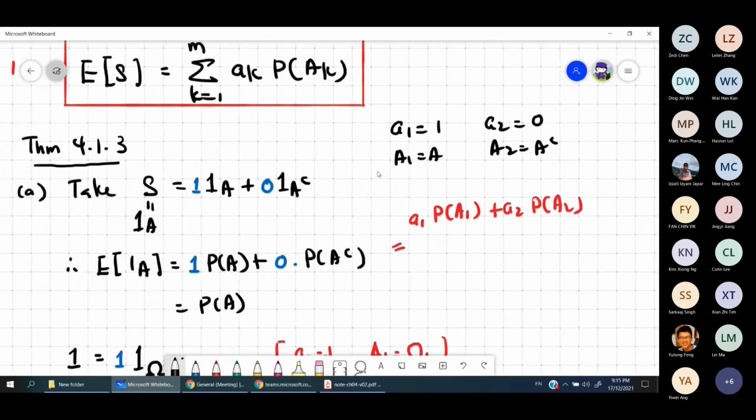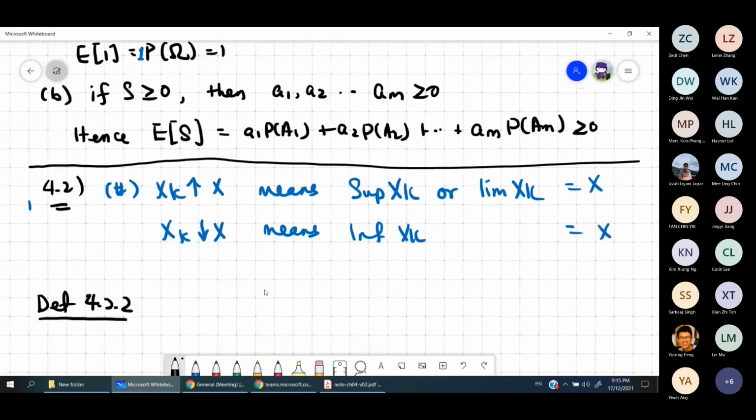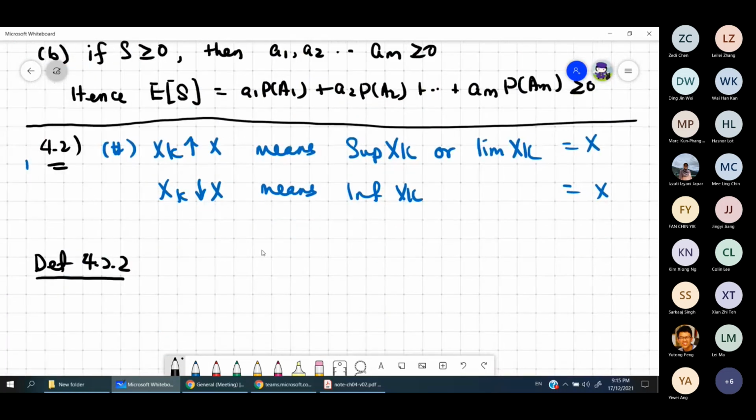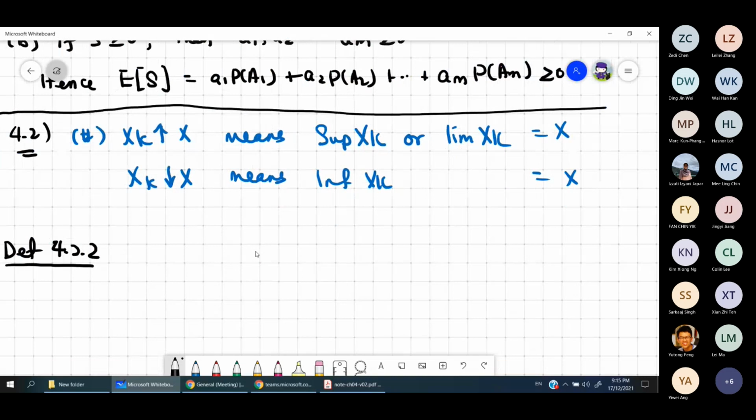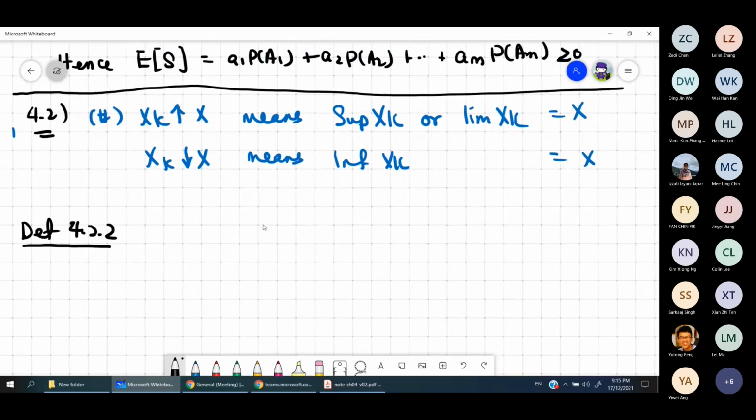Now we come to the next one, that is for non-negative X. It's a little bit more complicated. For X greater or equal to 0, what we can do is construct it as follows.